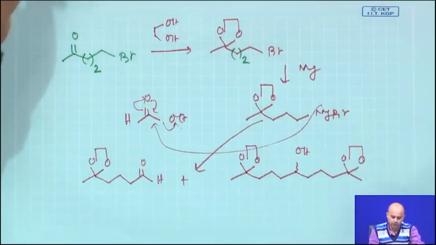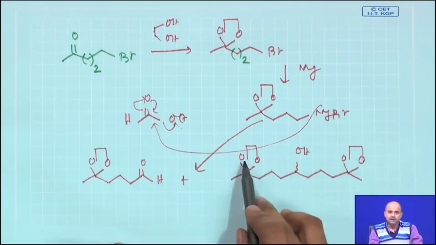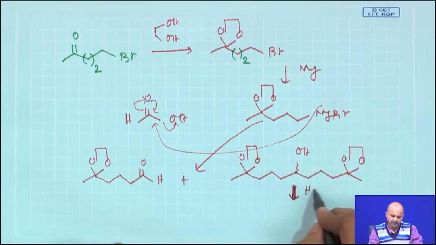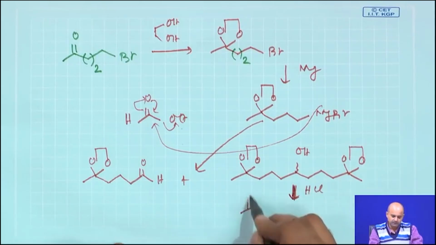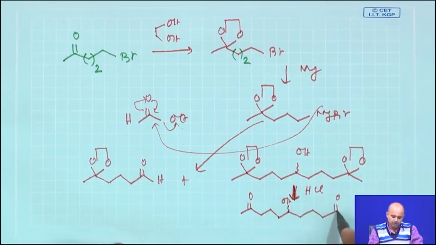The only thing is you need to demask this ketal group. So just treat with HCl, and you get CH3CO, CH2, CH2, CH2, put an OH here, and then C double bond O, CH3.